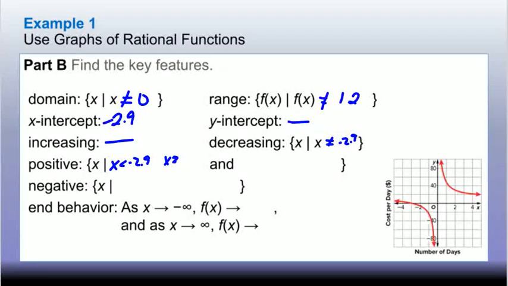Negative would be when x is greater than negative 2.9 but less than 0. In end behavior, as x approaches negative infinity, f of x approaches 12. As x approaches positive infinity, f of x approaches 12 here.